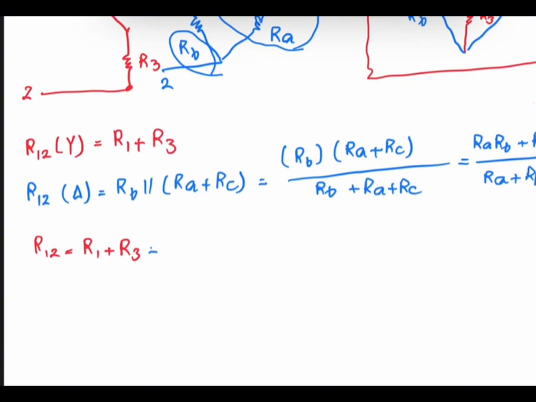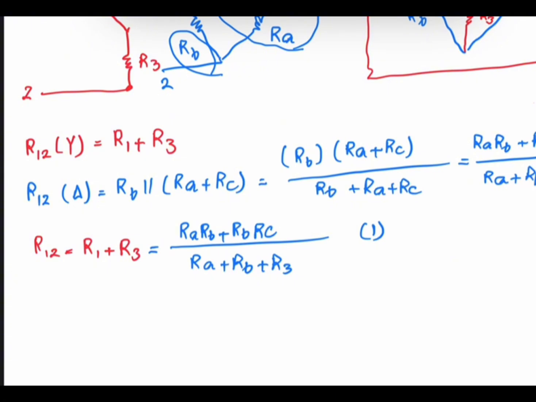And if I write it in the delta network, I can write it as RA RB plus RB RC over RA plus RB plus RC. I call this equation number 1.